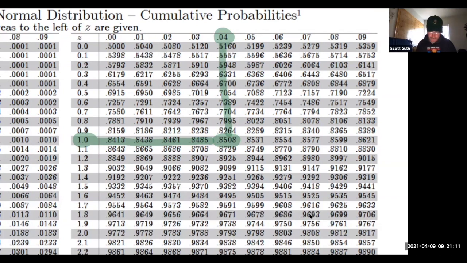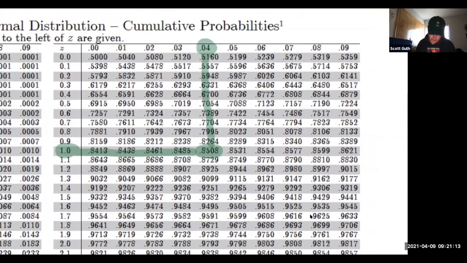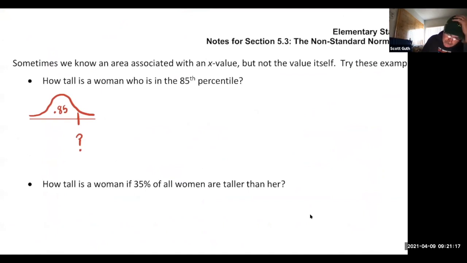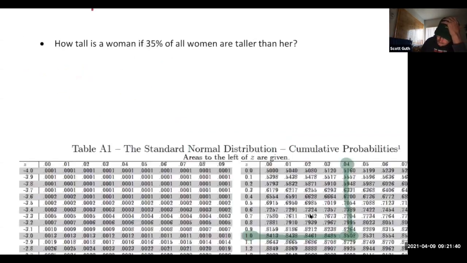Okay, so I'm going to draw this in the notes real quick. So the step-by-step process is to put in, we're looking for a 0.85. I'll say it's approximately 0.8508. And with the 8508, we got 1.04.